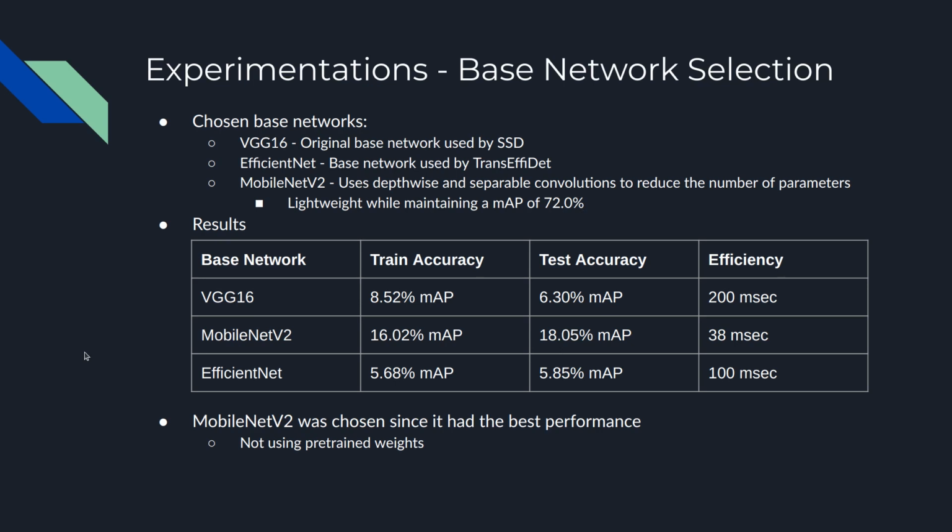The results here are that we found that MobileNet performed the best, had the best efficiency and the best accuracy, so therefore it was chosen. And we also chose not to use the pre-trained weights since we had better performance without them.